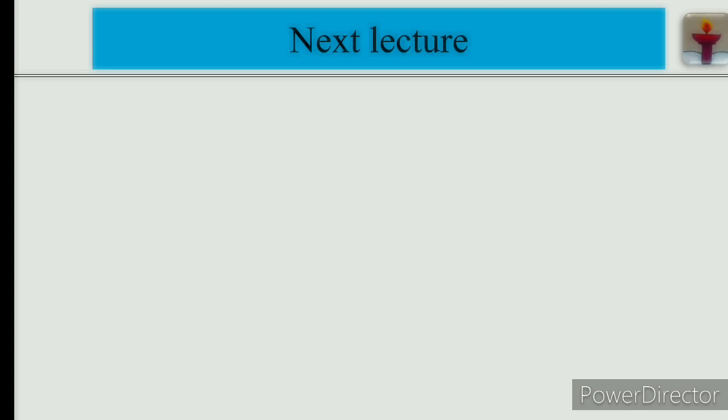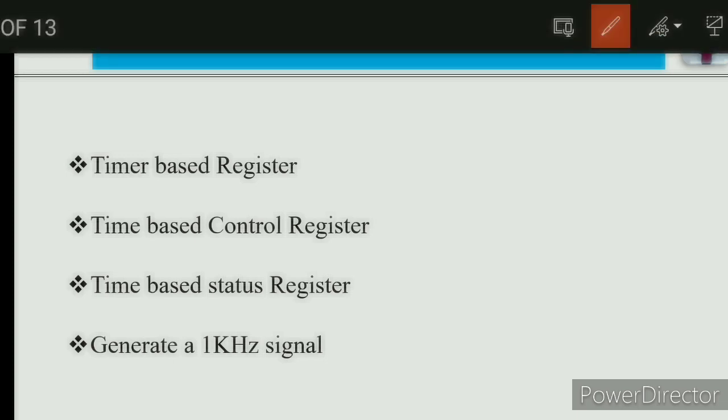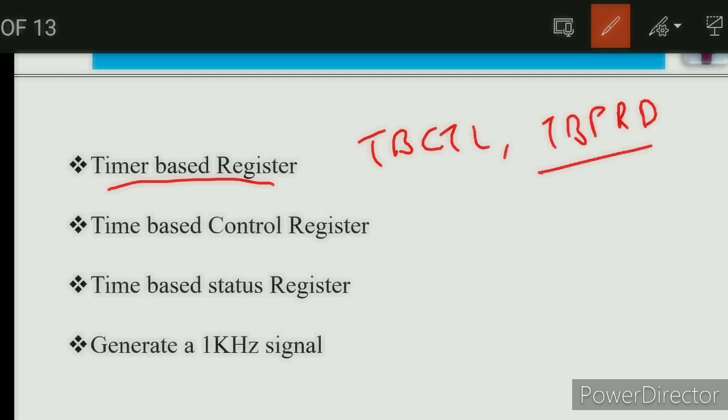These are the basic introductions which we have covered, and these things are required for the EPWM. In the next lecture, we will cover the time base registers: TBCTL and TBPRD, how to use TBPRD, what the value of TBPRD should be for a particular frequency, and what to do if it exceeds the number of bits, so how we can reduce those values. Next we will talk about the time base control register, TBCTL, and the time base status register.